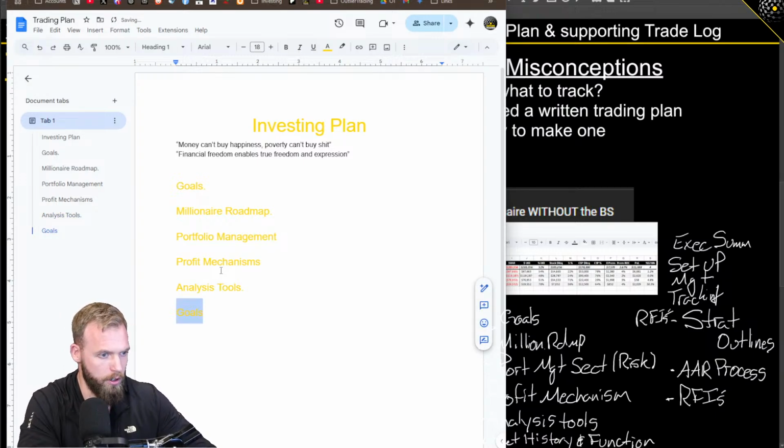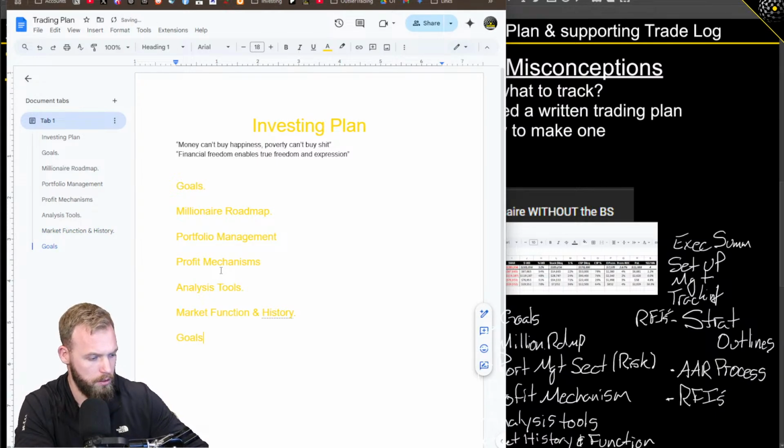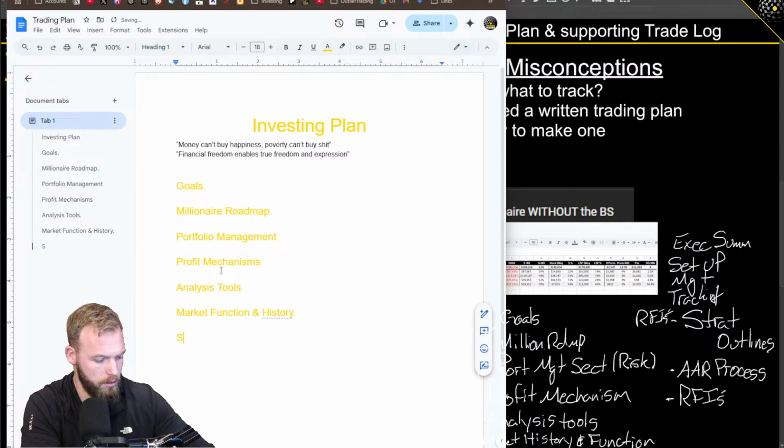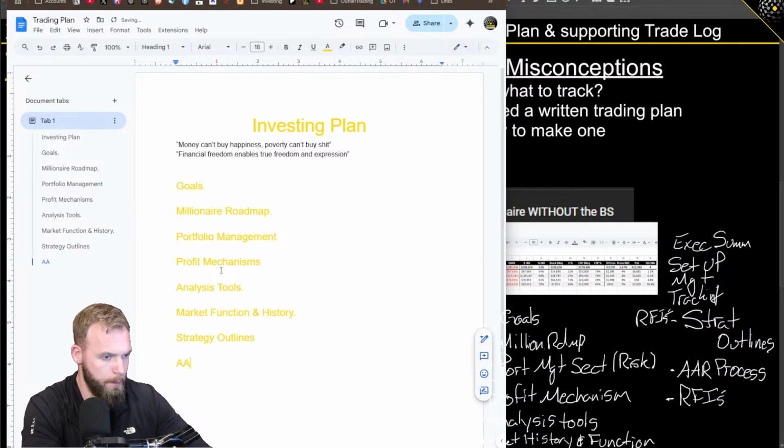If you're a nerd, you can have stuff here for market functions and history. And then we have strategy outlines. And then we have AAR process.